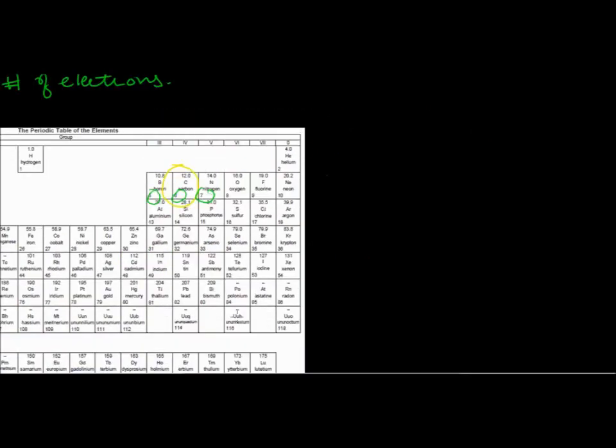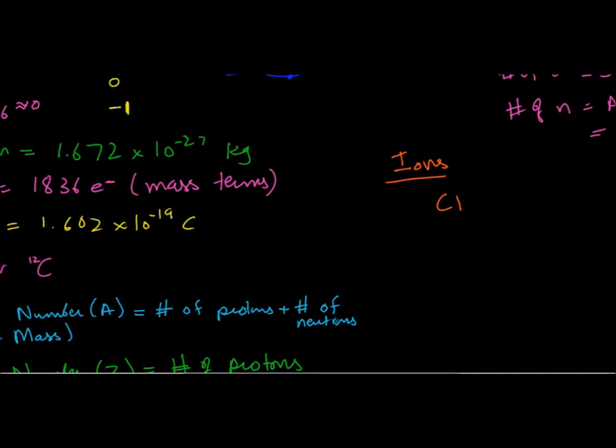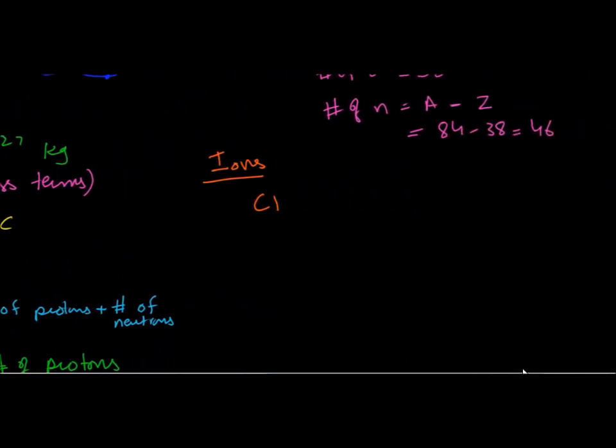Chlorine is 17, atomic number of 17, which means the protons are 17, electrons are 17, so it's a neutral atom.